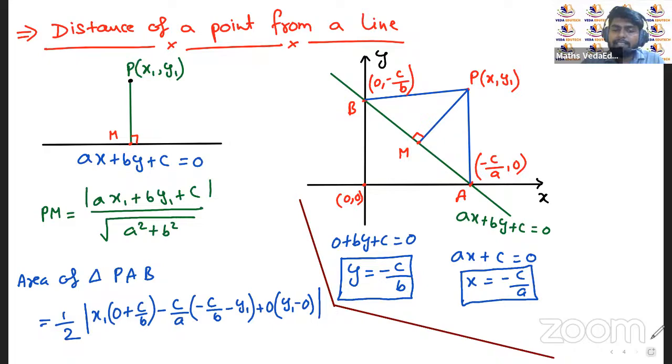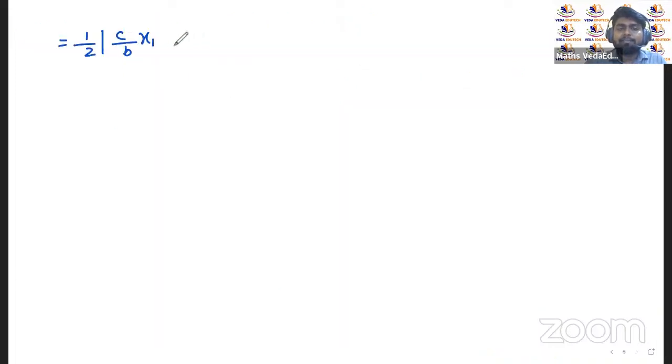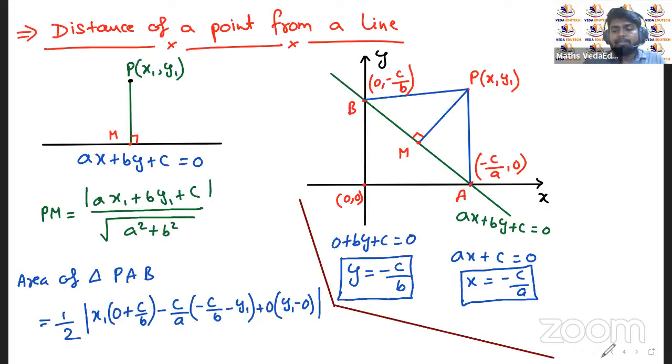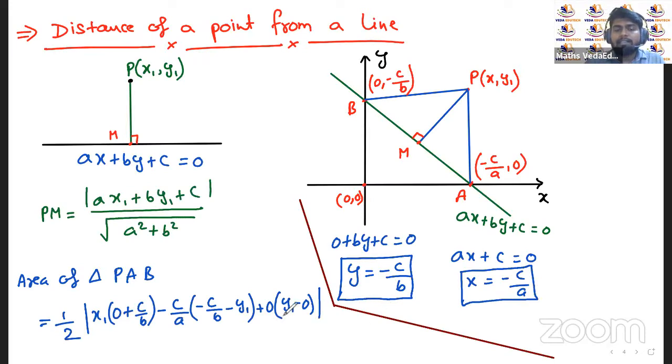Now, further simplification, we'll get half into modulus of x1 into c by b, or we can say c by b into x1. Then minus c by a into minus c by b, we'll get plus c squared upon ab. Then minus c by a into minus y1, so plus c by a into y1, and 0 into anything will give you 0.